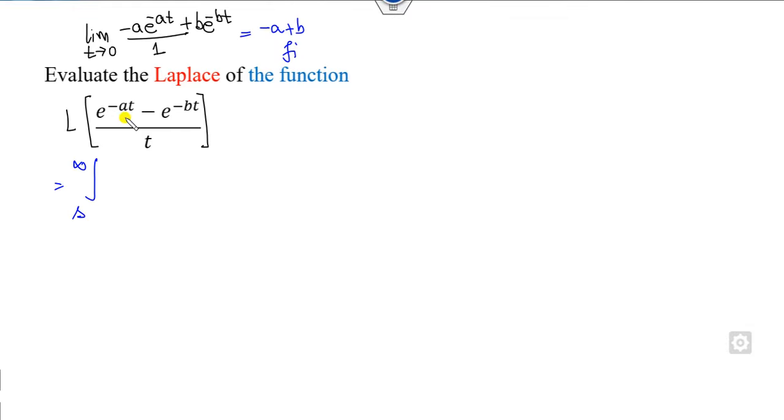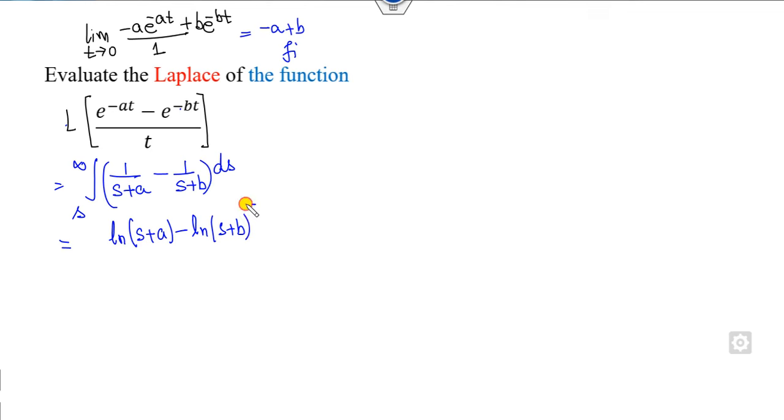From s to infinity, the Laplace of this is 1 over s plus a, and the Laplace of this is 1 over s plus b. Fine. Now what is the integration of this? It is ln of this minus ln of this, so that will be ln of s plus a over s plus b, from s to infinity.